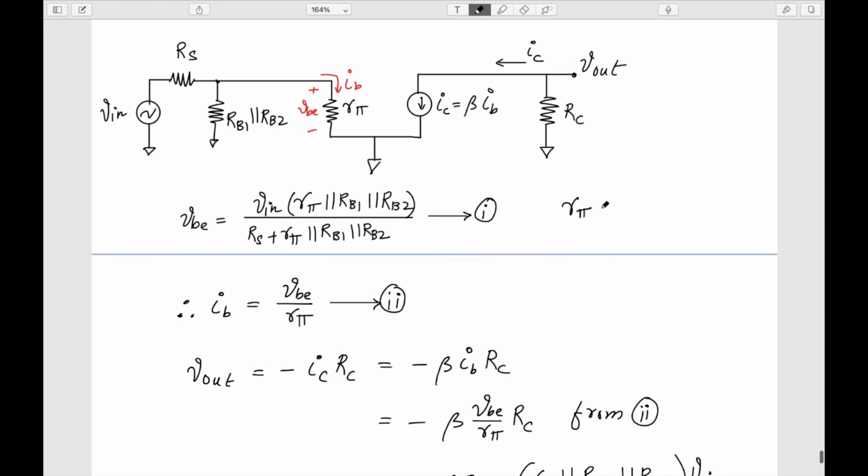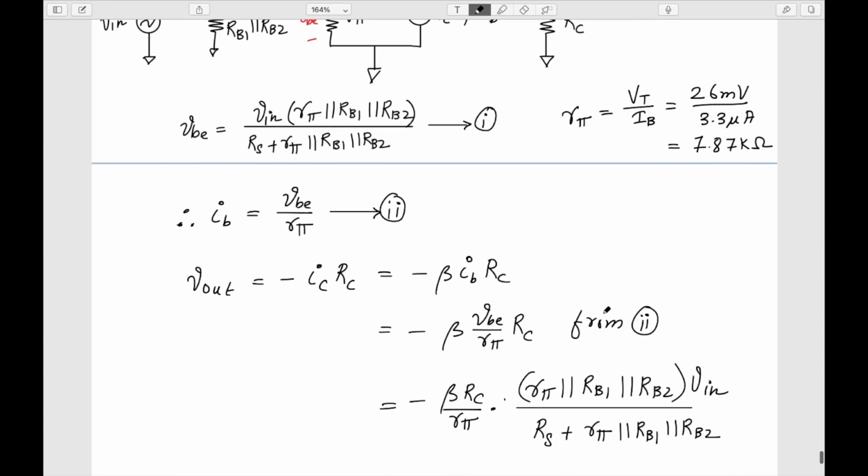R pi is equal to Vt by IB, which is basically, Vt at room temperature is 26 millivolt. Please try to remember this number. Room temperature is 26 millivolt, and IB we know is 3.3 microampere. This is equal to 7.87 kilo ohms. So this is my R pi.